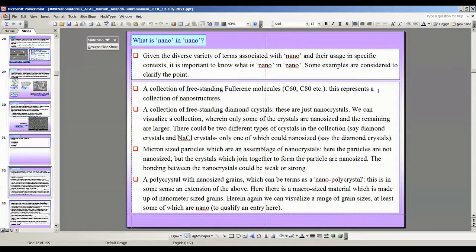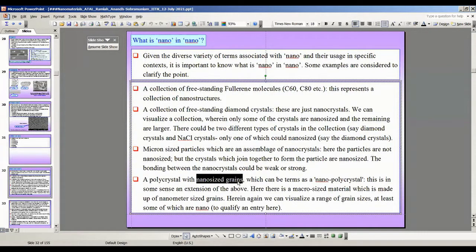I've already told you that there are many nano related terms which are important. The first question you need to ask yourself is: what is nano in nano? As I alluded to before, sometimes you have a bulk material, but only certain features in it are at the nanoscale, and those features may give interesting properties to the material. This is something you need to note. For instance, you may have a polycrystal in which the grains are nanoscale.